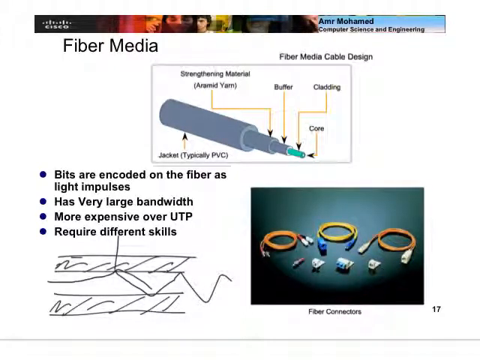So the typical or the maximum bandwidth that you can get from the fiber optics is not more than, I think, around 1.5 terabits per second for one single fiber optic. But the theoretical bandwidth is not achievable given all the devices that we have nowadays. Okay, so it has very large and wide bandwidth, and it's much more expensive, of course, compared to UTP.